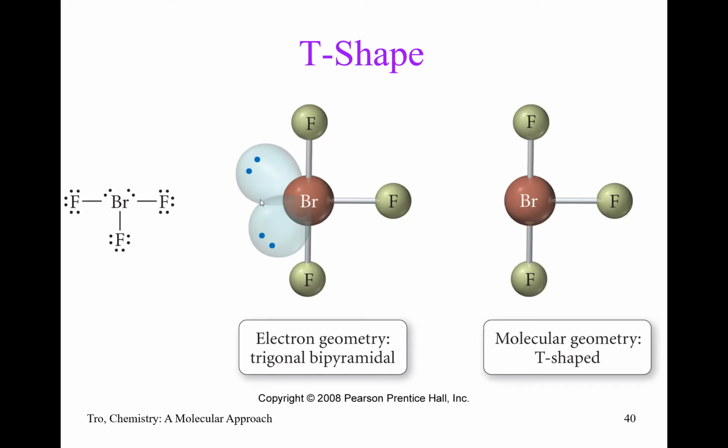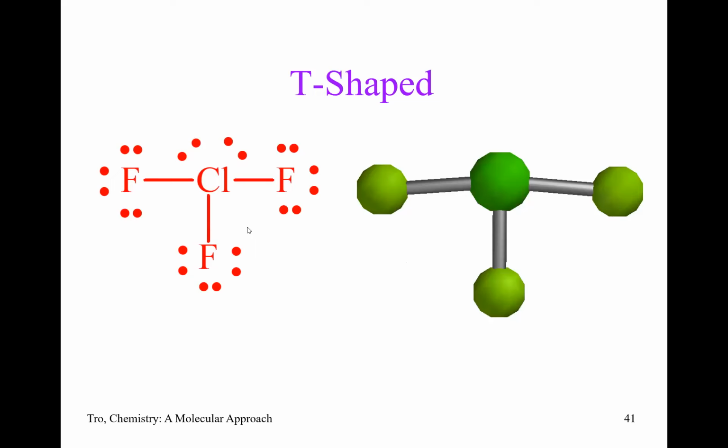Okay, so if you add in another lone pair, again, the lone pairs take up more space, so they're going to go wherever they can that has more space. So the next most reasonable one looks like this. And you can see, it's not that sophisticated of a name. It's just called T-shape. Right, then, another example.